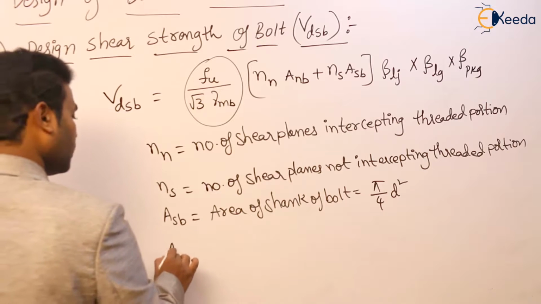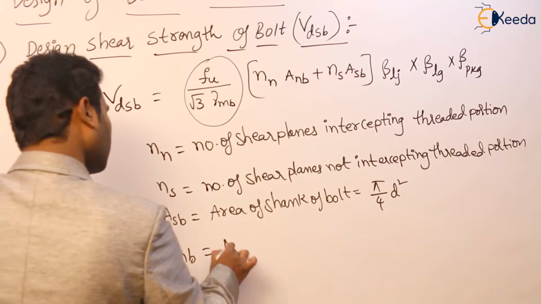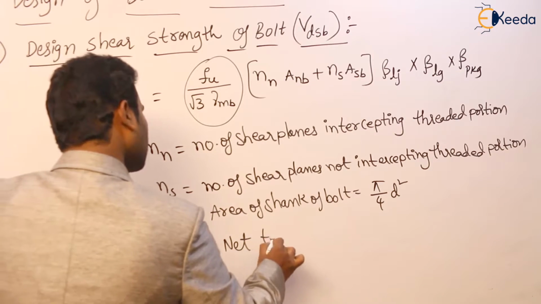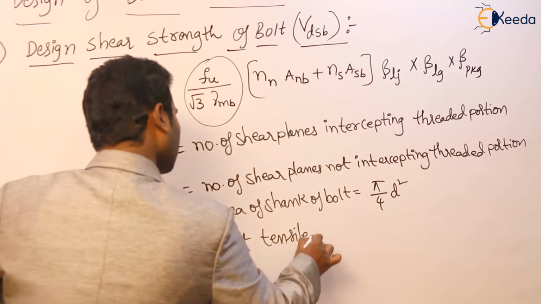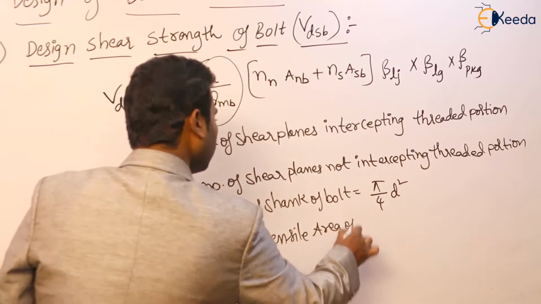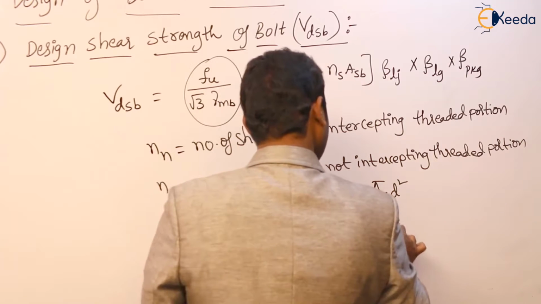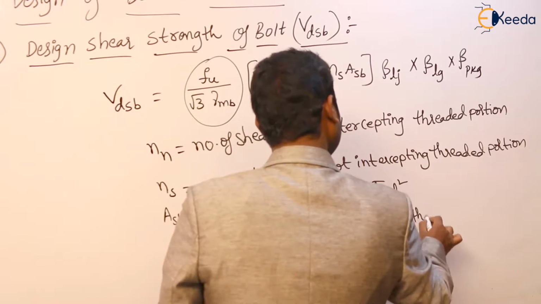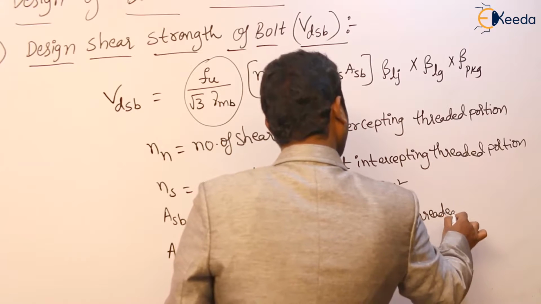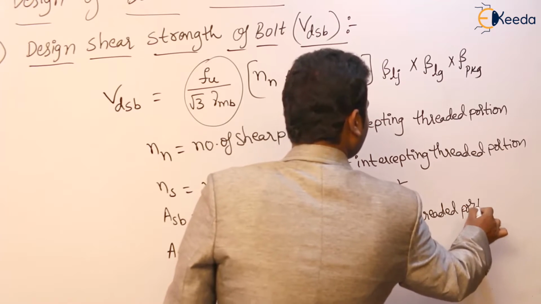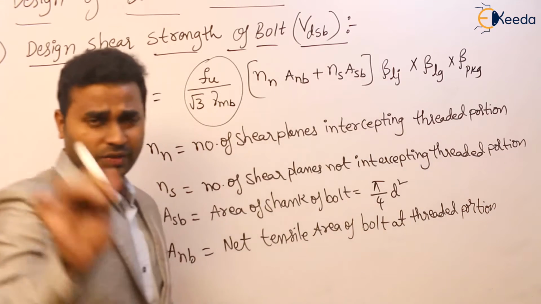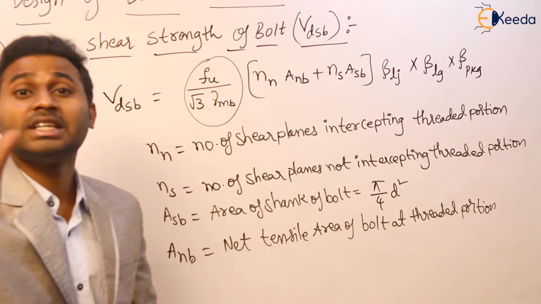Now A and B is the net tensile area of the bolt at the threaded portion. If you see the bolt, there exists a reduction in area at the threaded portion.